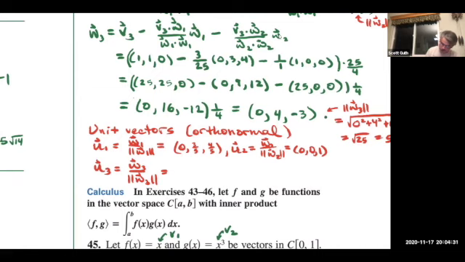So we'll just do 0, 4/5 and negative 3/5. And so that one is an orthonormal set. They're perpendicular to each other and they're all unit vectors. They act like an IJK coordinate system, but they're different.